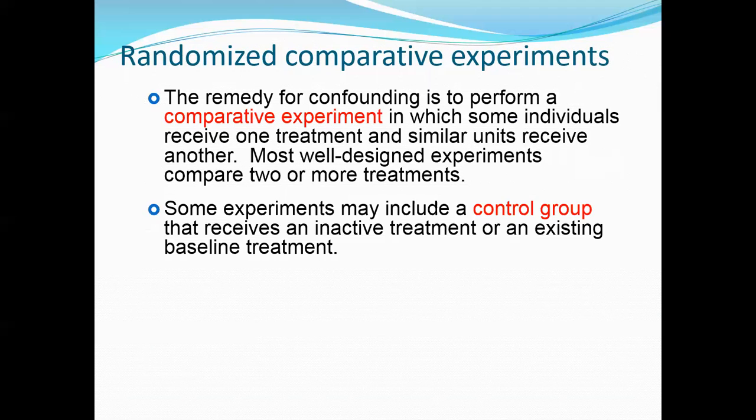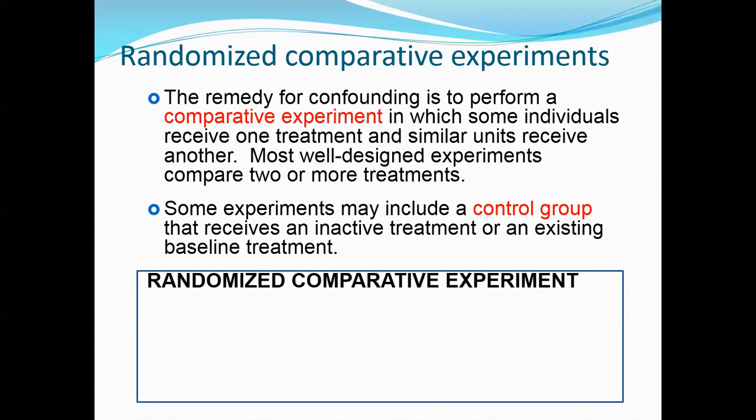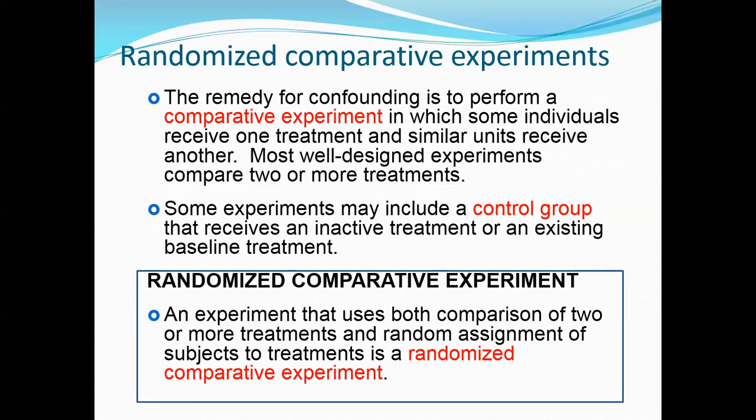Some experiments may include a control group that receives an inactive treatment or an existing baseline treatment. An experiment that uses both comparison of two or more treatments and random assignment of subjects to treatments is a randomized comparative experiment.